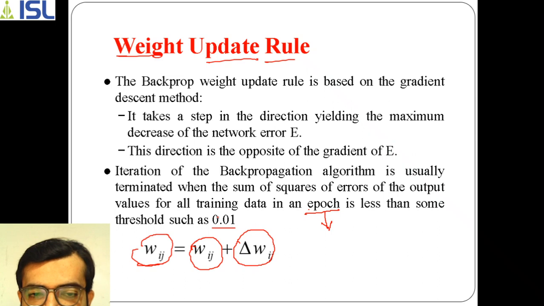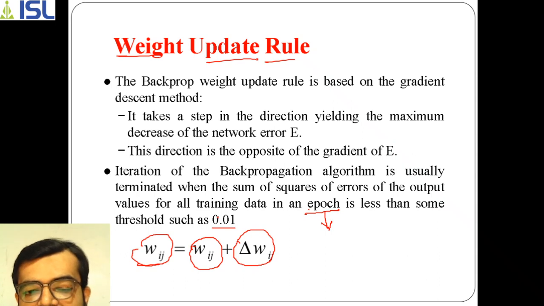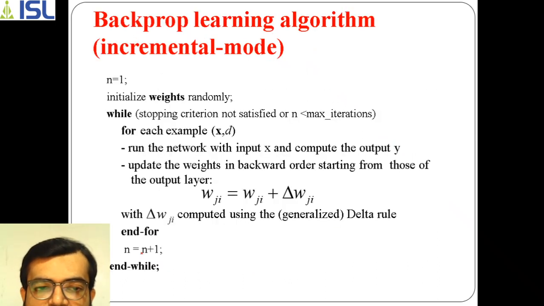If so, you need to stop the algorithm. In this way the algorithm learns that there is an error value, so there is a need to update the weights accordingly in order to get an output very close to the actual output. That's why the weight update rule is performed.